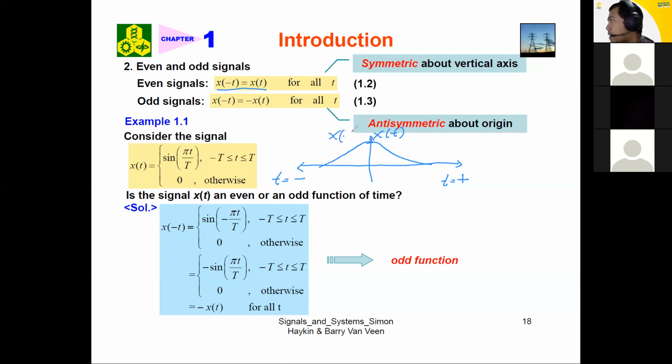This is x minus t and this is x positive t, and they are similar. Similar means this signal we can call an even signal.